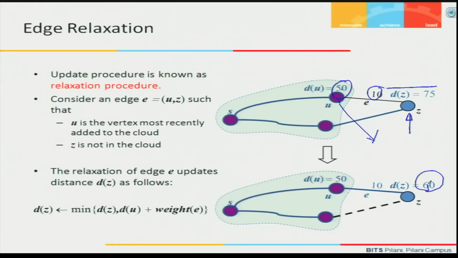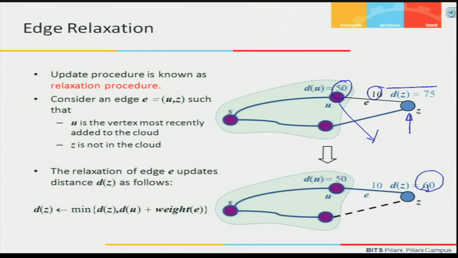That means as u is added to the cloud, we revise our estimate of the length of the best path from S to z. This technique is called the edge relaxation technique. As we keep on adding elements to the cloud, all the adjacent vertices not in the cloud have their d values updated.